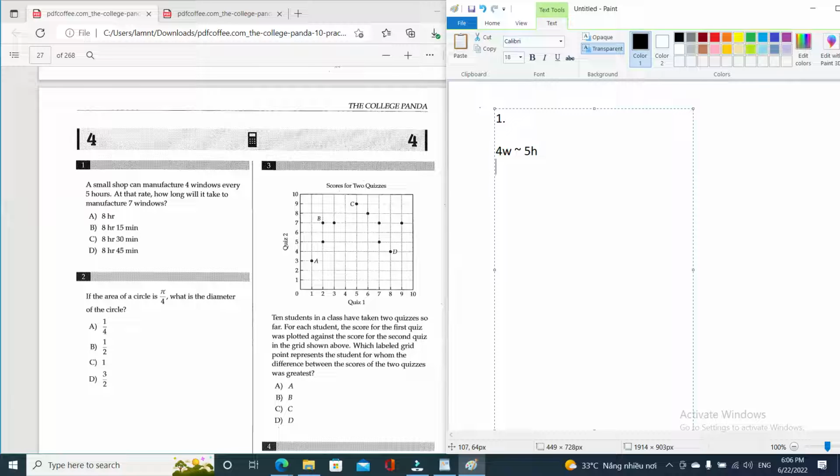So 7 windows is going to be equivalent to 5 hours divided by 4 times 7. So that is 35 over 4 hours, right? 35 over 4 hours.